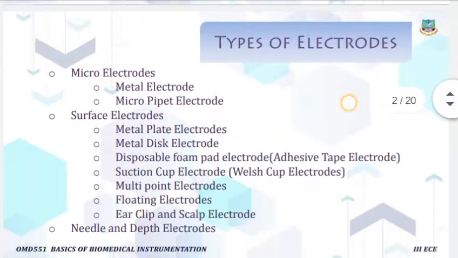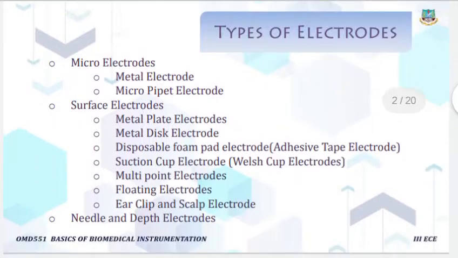What are the types of electrode? There are three types of electrode: micro electrode, surface electrode, and needle and depth electrode. The micro electrode is of two types: metal electrode, also called metallic electrode, and micropipette electrode, also called non-metallic electrode.